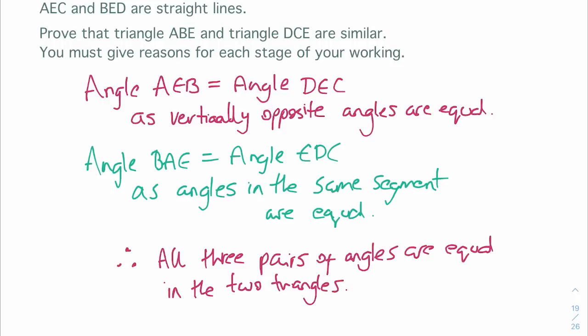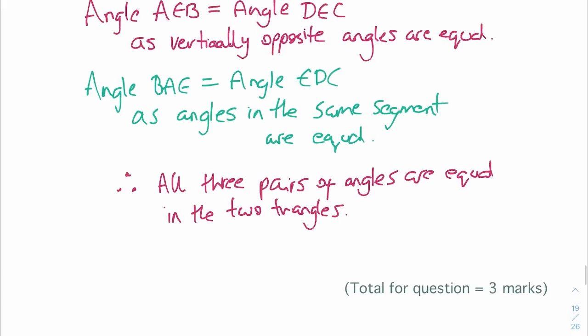And if all 3 pairs of angles are equal, then these 2 triangles must be similar.